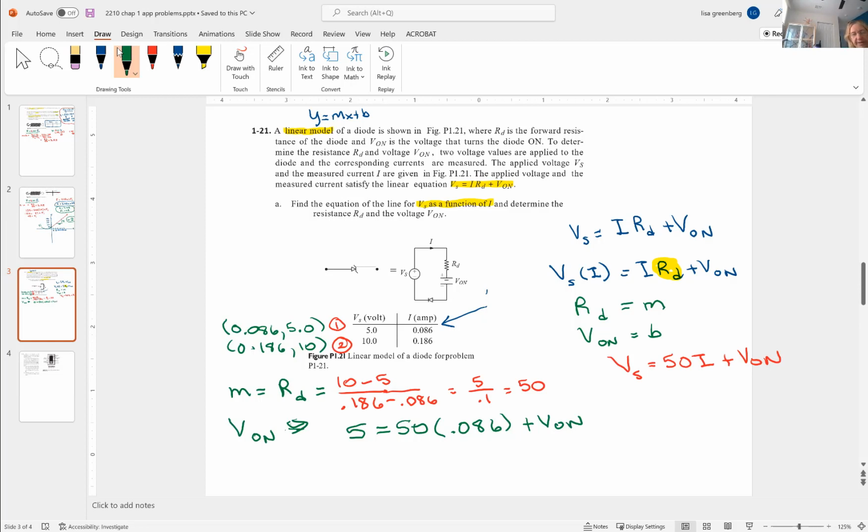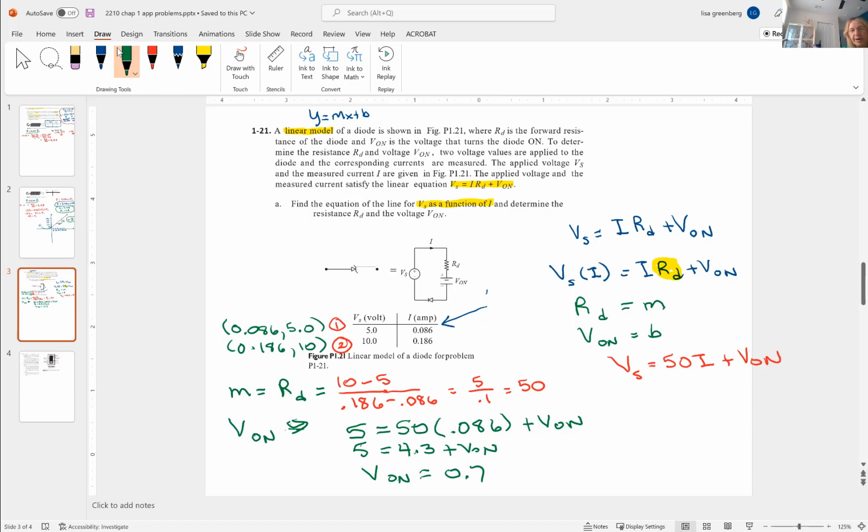And so now this is just a calculator question from here. So I'm going to multiply 50 times 0.086 and I get 4.3. So I have 5 equals 4.3 plus V on. I subtract 4.3 and I get V on is equal to 0.7.